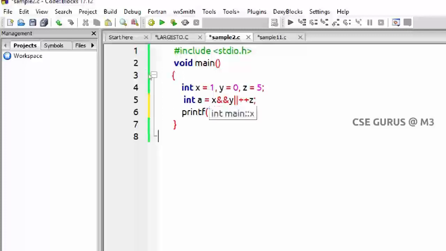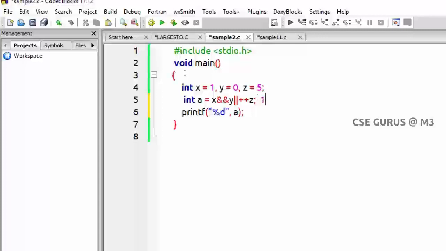So now x equals 1 and something, I cannot say. So 1 and this has to be executed, right? What is y? 0. So 1 and 0 is 0. So x and y is 0, and 0 or something we cannot say exactly, right? So we cannot say exactly, so plus plus z, which is 6. So that's why, okay, I'll write here what the values are.